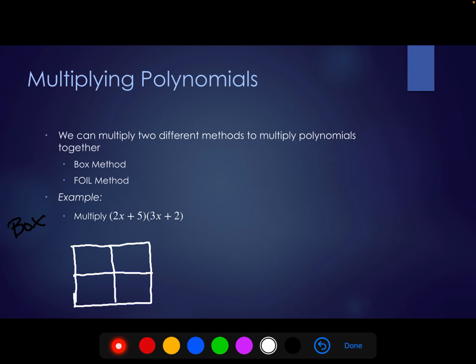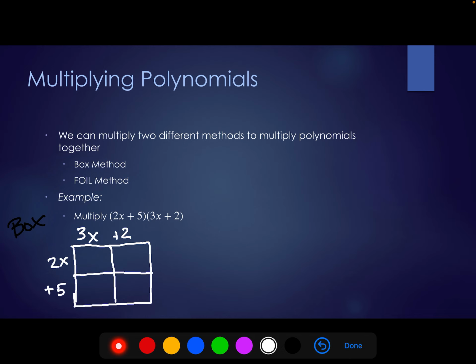So on the left side here, we can put the term 2x, we can put the 5 right here, and then for our other binomial, we can put our 3x and our 2. And remember, this is a plus 2, and this is a plus 5.